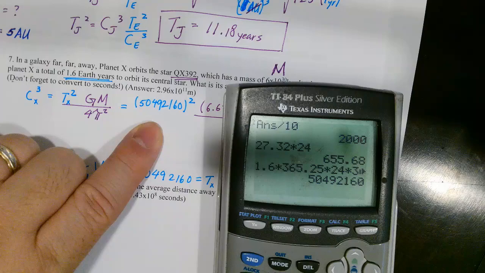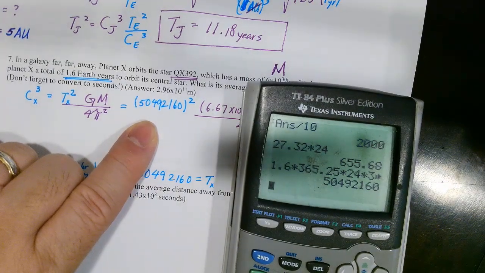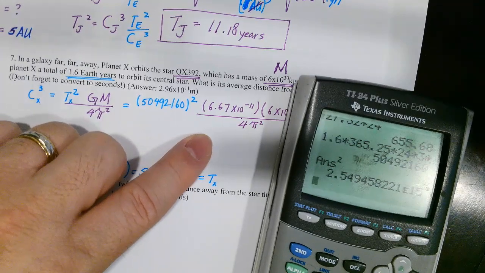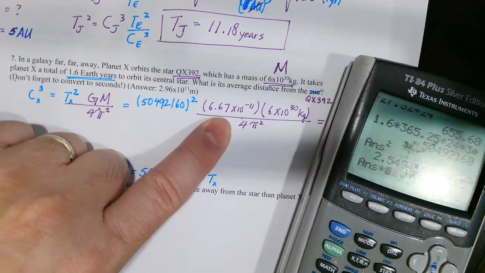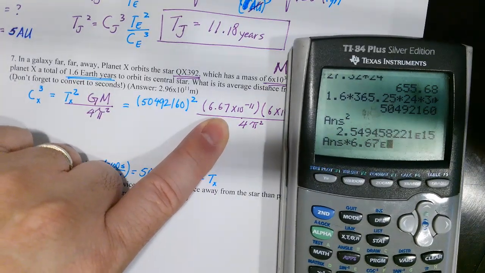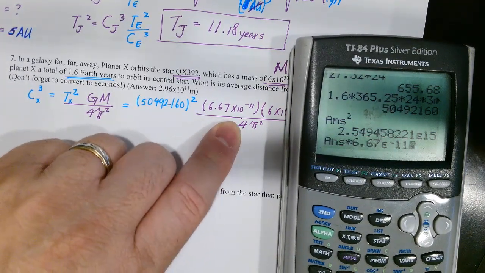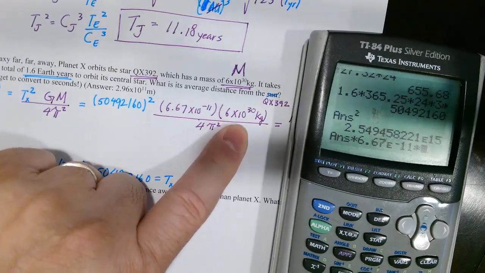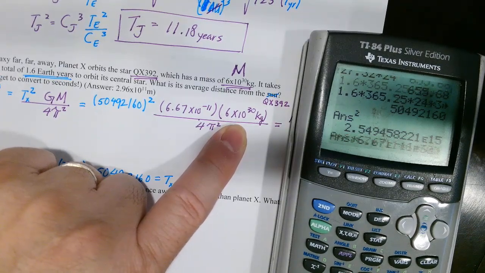So here, let's square this, and then multiply that by 6.67 EE to the negative 11th, times that by 6 EE 30th.